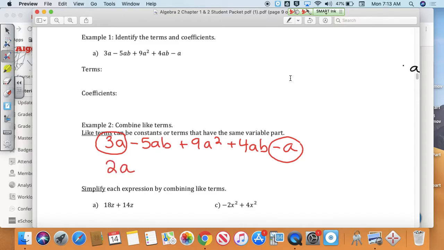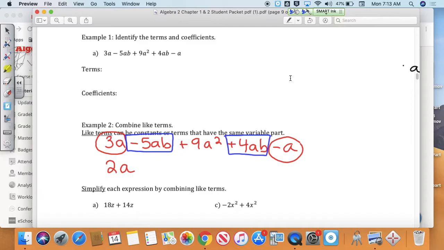All right, moving down the line, I'm going to switch my color. Now I'm looking to see if there are any terms that are like negative 5ab. That means there's one a, there's one b, and if I look here, we have a positive 4ab, so that one will be able to be combined with the negative 5ab. It's very important that you understand that that is a negative 5ab, not a positive, because to the left of it is the negative sign.